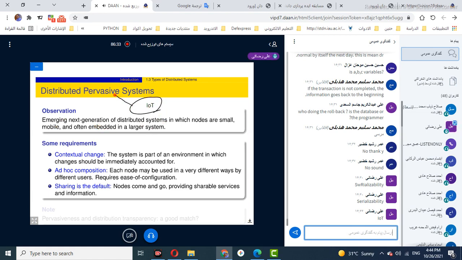These two terms are currently used interchangeably. What we mean by distributed pervasive systems is usually the thing that we mean by Internet of Things. This is the emerging next generation of distributed systems in which nodes are small, mobile, and often embedded in a larger system.